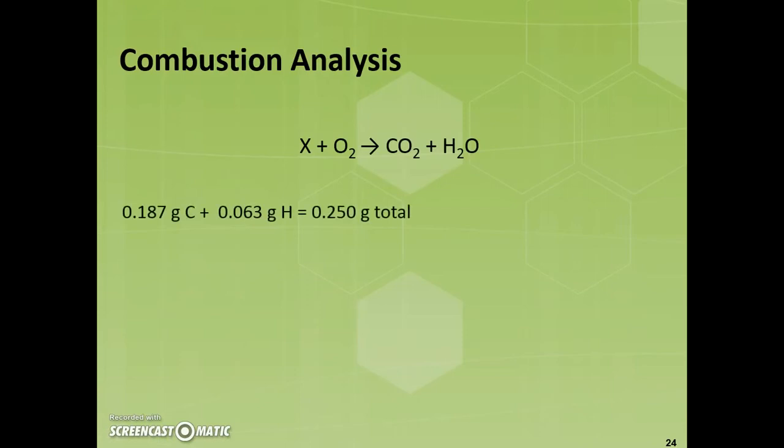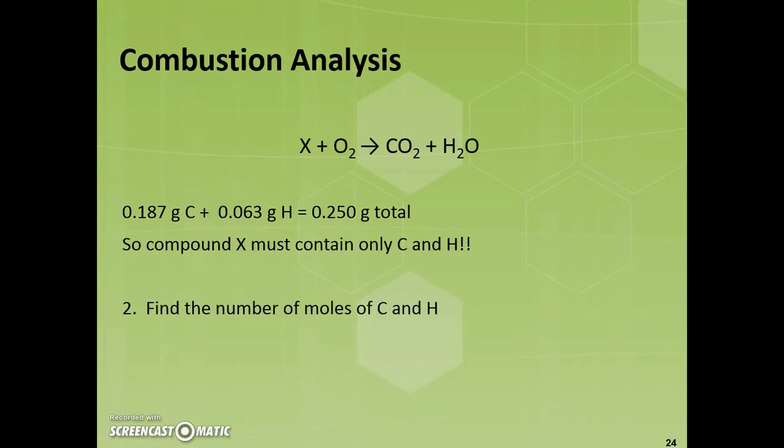Okay, so now we have our 0.25 grams of material. We know that compound X must contain only carbon and hydrogen because that's all of the material we started with. We can find the number of moles of carbon and hydrogen in the original compound, and we do this the same way we've done it before.